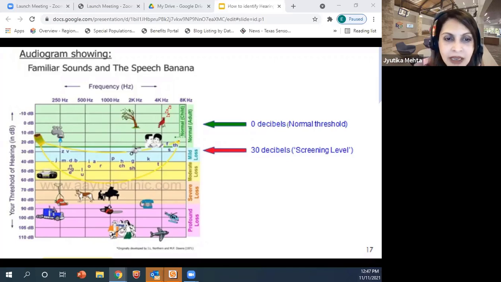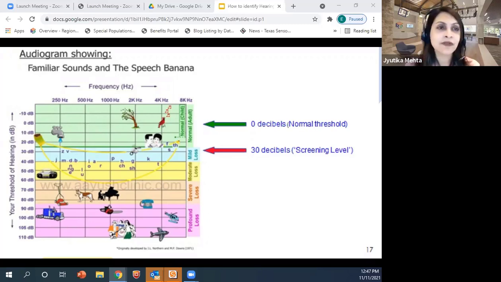If you look at the bottom, airplanes flying and helicopters and things like that have sounds in that kind of range. But when we have profound hearing loss, the children cannot even hear any of those sounds. It helps people to understand, and you can show this even to the kiddos themselves, helping them understand the hearing range and what sounds they can and cannot hear.